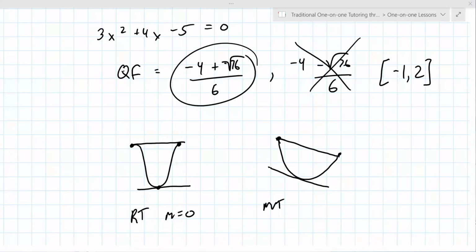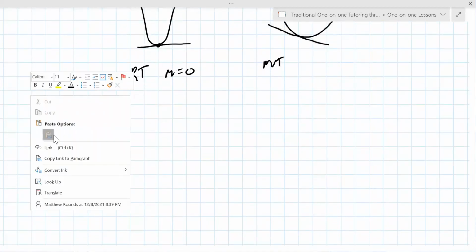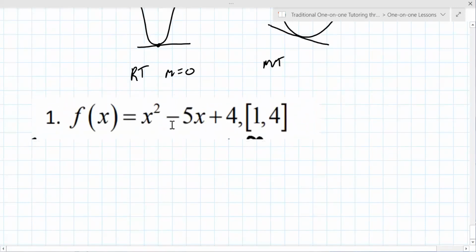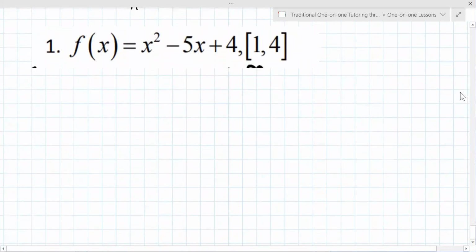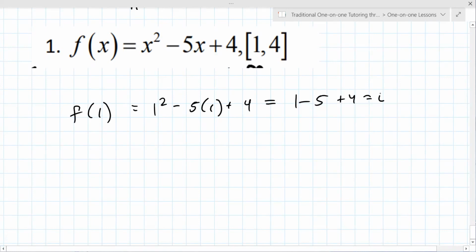So they give you a function like this, and you evaluate the two endpoints just like we did in the mean value theorem. So 1 squared minus 5 times 1 plus 4. That's 1 minus 5 plus 4, which is 0.